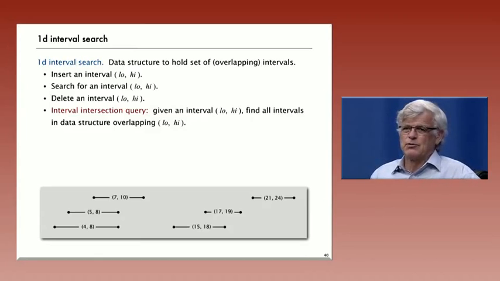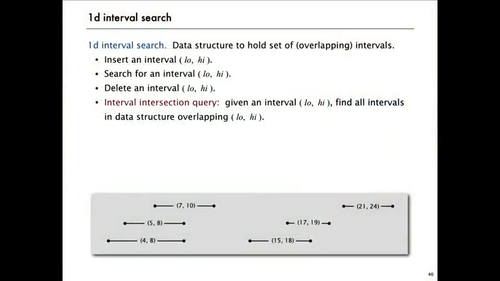We'll start with one dimension as before, and right away I can see that it's a more complicated problem than we've been dealing with. So we want to support the following operations. We want to be able to insert an interval. An interval is just a left endpoint and right endpoint of one-dimensional data, or points on the line.